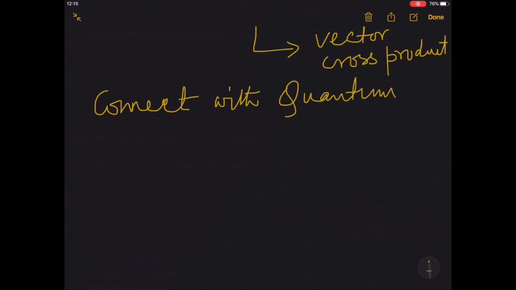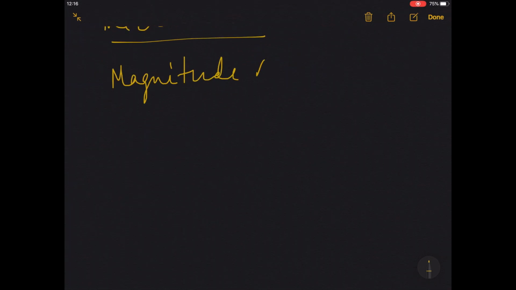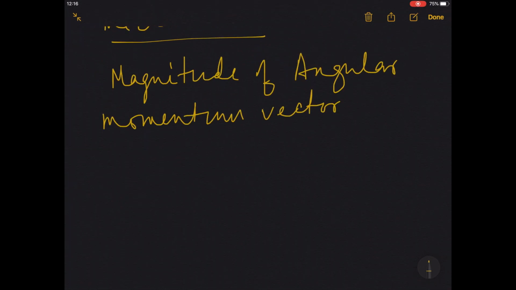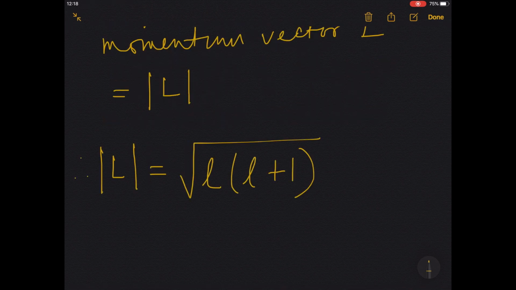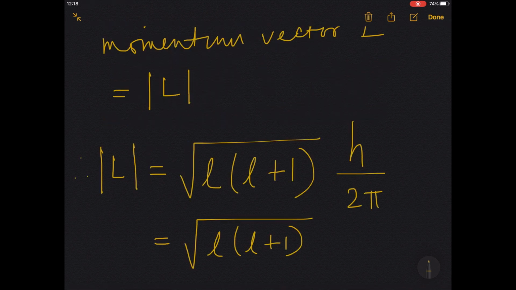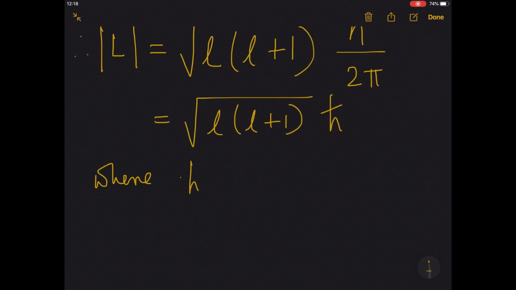Now, to relate the classical angular momentum vector capital L with quantum mechanical operators, we get mod of capital L equal to square root of l into l plus 1, into reduced Planck's constant.